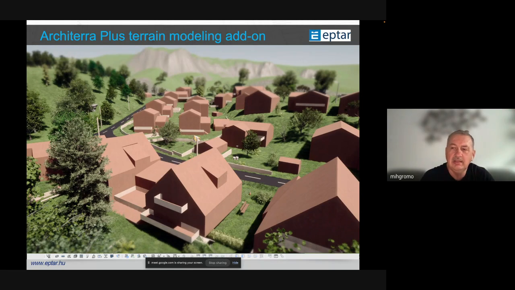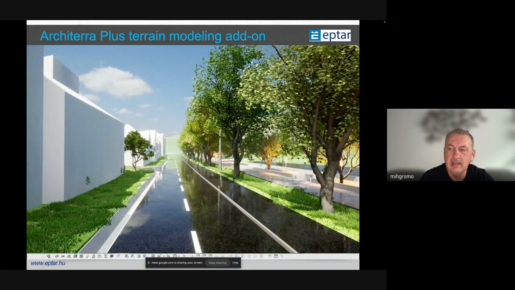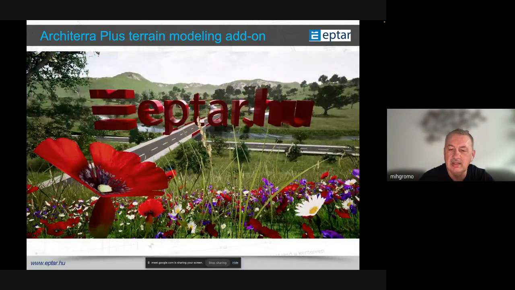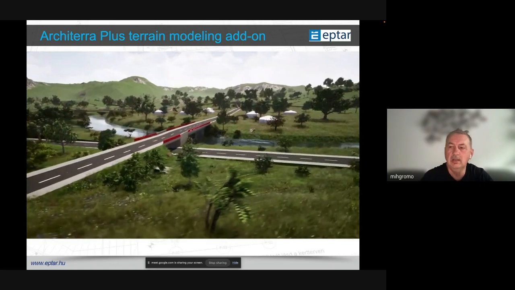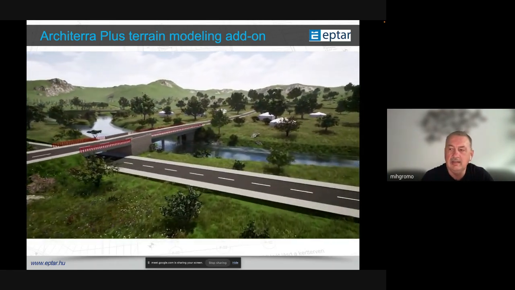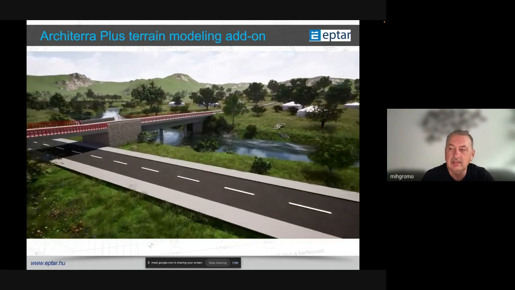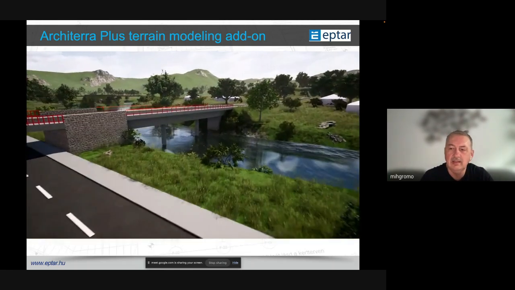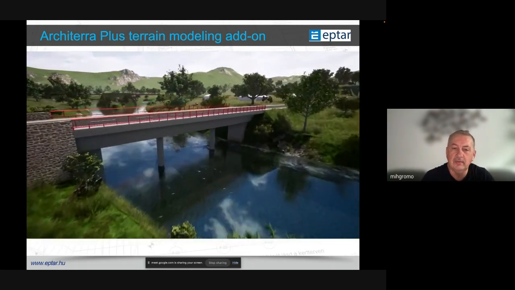At the end, the volume of earthwork can be listed. It is important to note that Architerra is not road design software. It is a terrain management program, and it can edit and design different terrain objects.